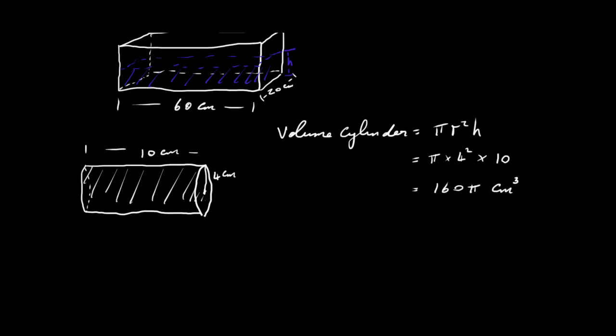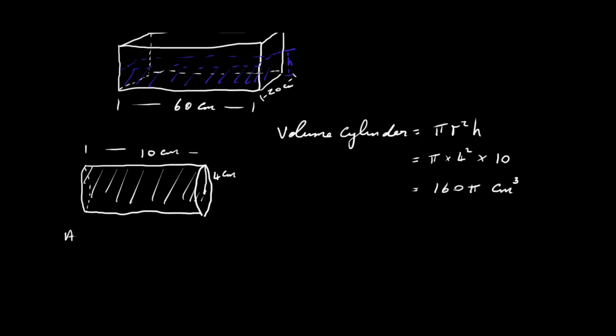And why did we do 10 centimeters? Because we know that every 10 centimeters represents 1 second of water that flows into our tank. So this volume of water flows into the tank every second. What we want to know then is how much water will flow in after 1 minute.